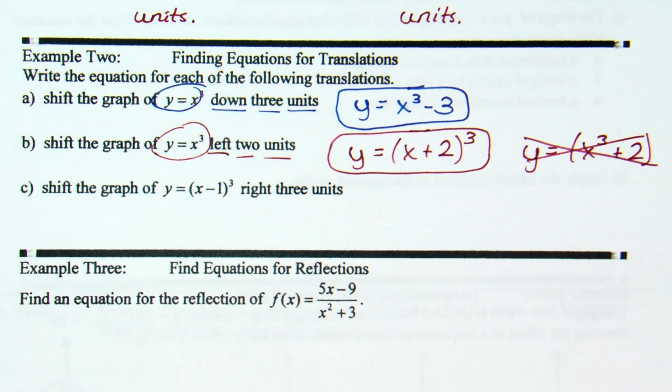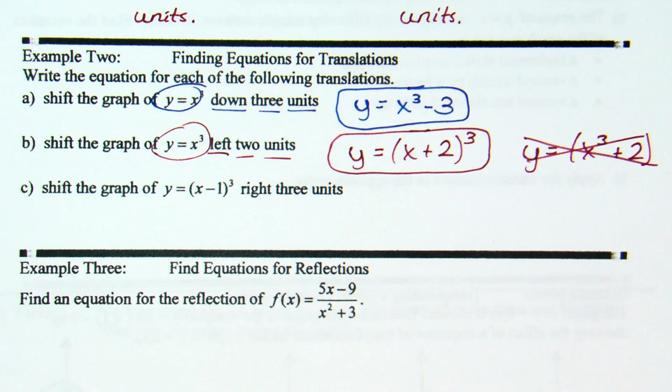So it's the same thing. If you always think that there's a parentheses around x, then putting a plus 2 out here is different than scooting the parenthesis over and putting my plus 2 in the parenthesis. Okay?